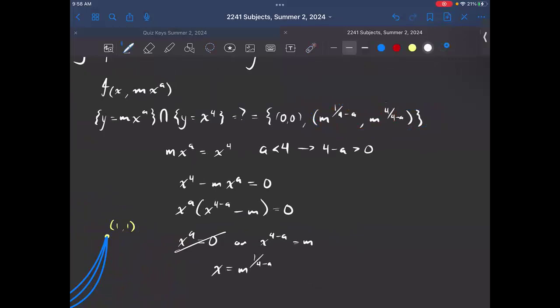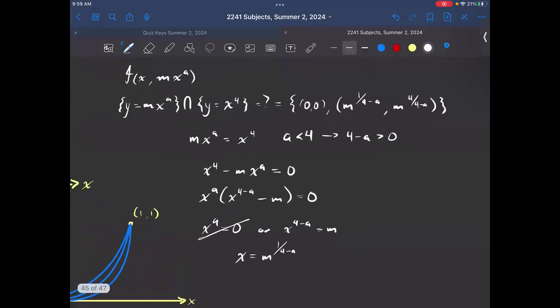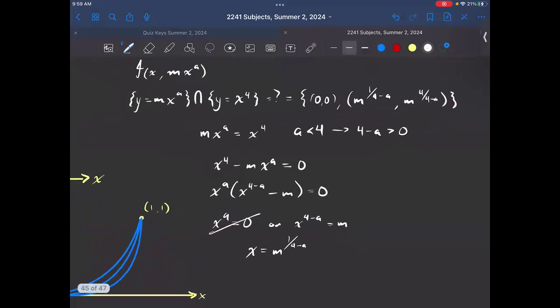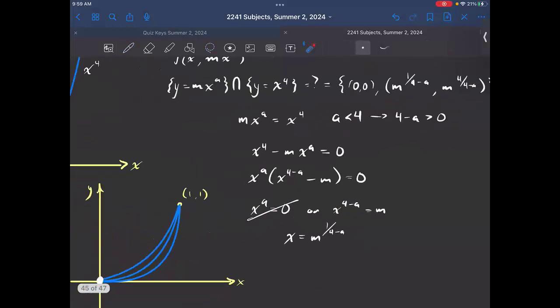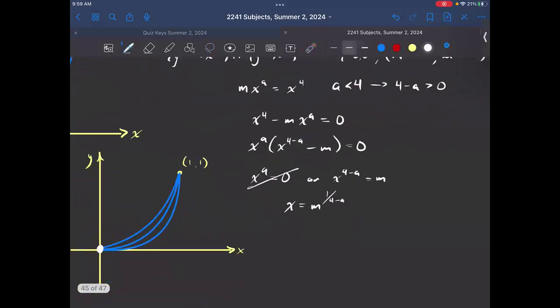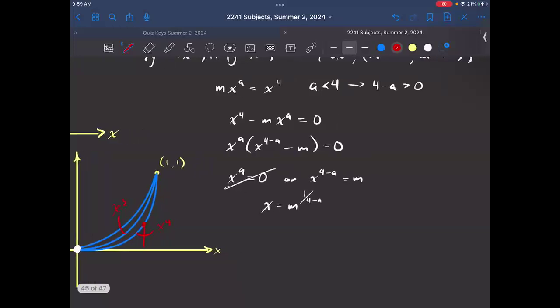All right, so now what I want to do is know what happens to this curve in between x equals 0 and x equals m to the 1 over 4 minus a. So I'm looking at something right here, maybe, and I want to know, okay, is x cubed or x to the 4th greater there in between?